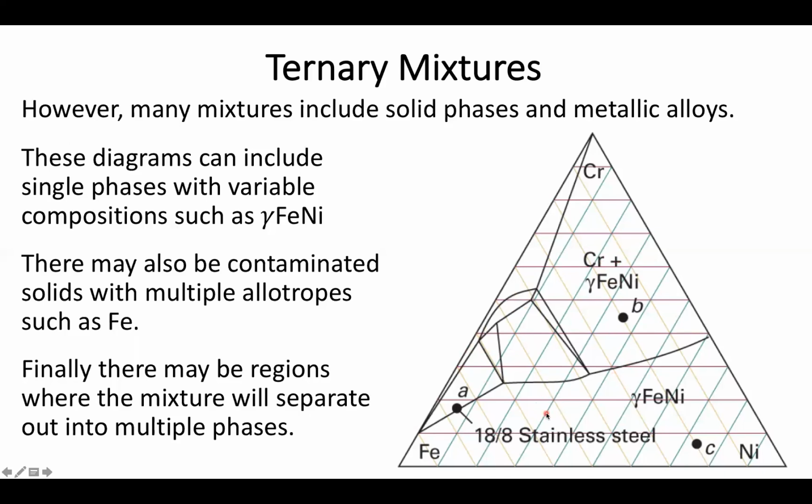However, there are some important points that we can observe, such as this point A, which is actually the very definition of stainless steel. So stainless steel here is a little bit less than 80%, about 75% iron, and about 5% nickel, and a little bit less than 20% chromium.